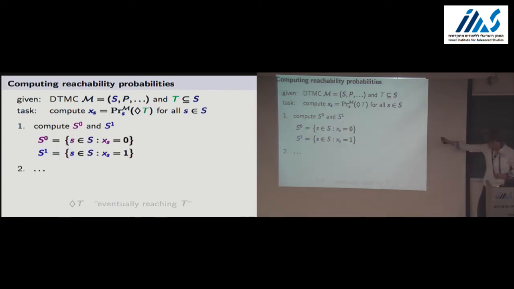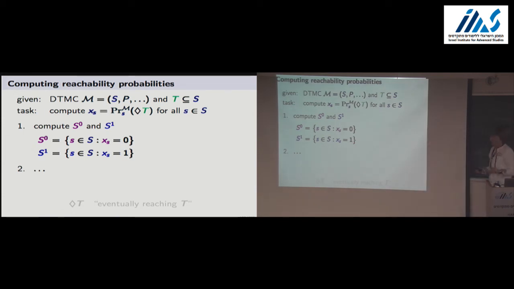This has to do with this pre-processing. I mentioned this gray area, and in the general case, what we do is we first filter out the states where the probability is 0, and this is not necessary to ensure the uniqueness or existence of a solution, just for efficiency reasons.